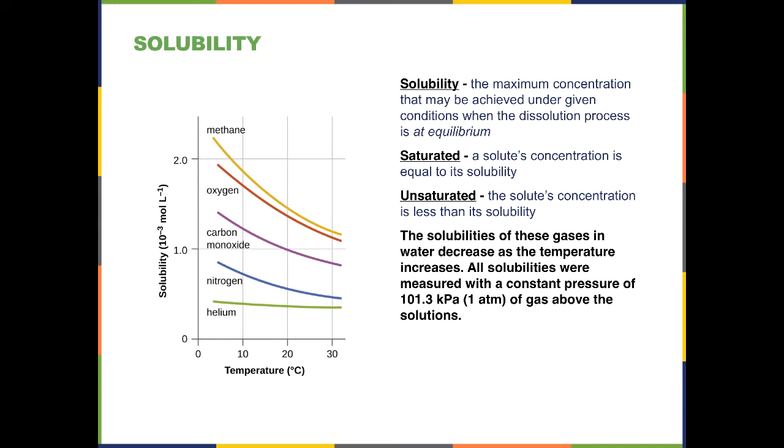So here you see that these gases are dissolved in water, and because they're gases, as the temperature increases, the solubilities all decrease. In some cases less than others, but they all decrease as the temperature increases. And all of these solubilities have to be measured at the same pressure.